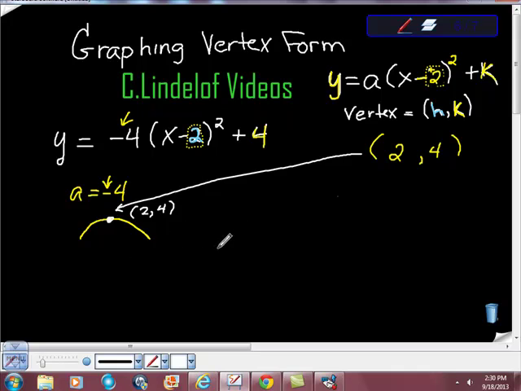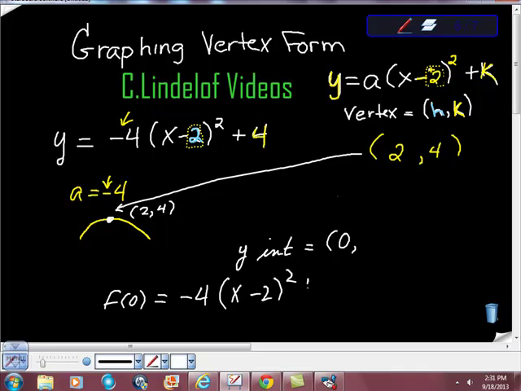From here, this gets a lot easier. Now we're just going to grab the y-intercept. What we know about the y-intercept of any function is that we set the x value equal to 0. So I'm just going to take the function and find f of 0. We have negative 4 times the quantity x minus 2 squared plus 4.